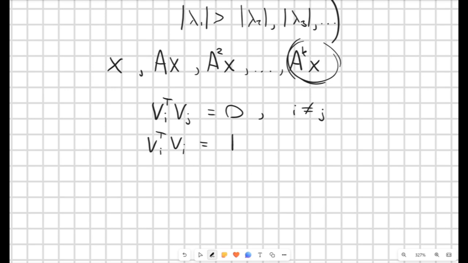In fact, in the following, we'll assume that all of our eigenvectors have been normalized, so that vi transposed multiplied by vi is equal to 1.